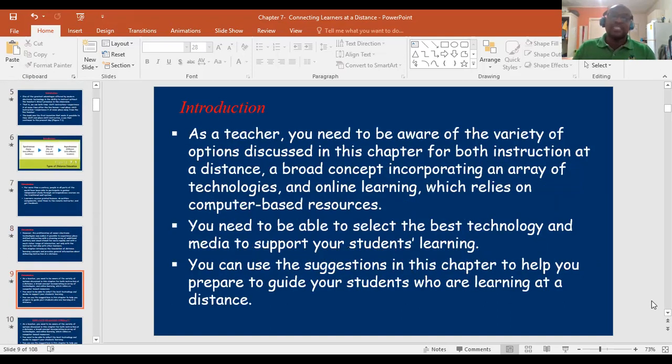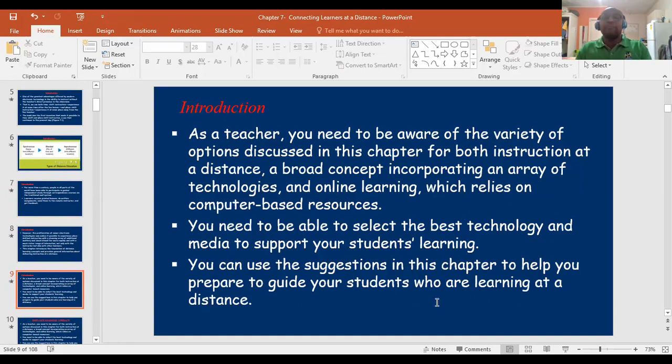You know that you as a teacher basically need to be aware of a variety of these options as we discuss them. Not only for your information, but for instruction at a distance, because you'll be engaged in distance learning at one point or the other, right?